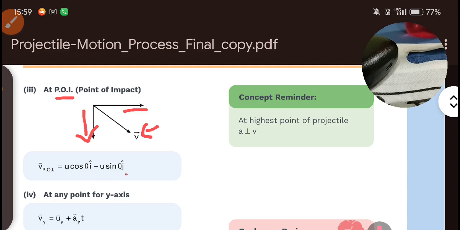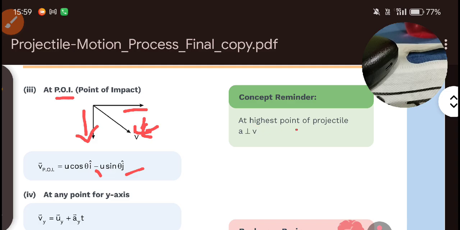So to calculate this velocity vector, just change this symbol. It will become negative, the reason being that this is downward.